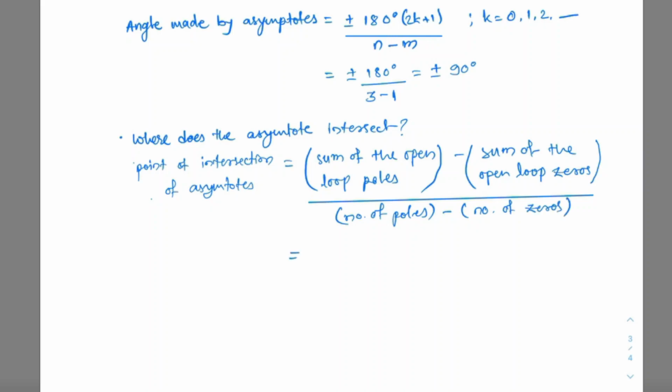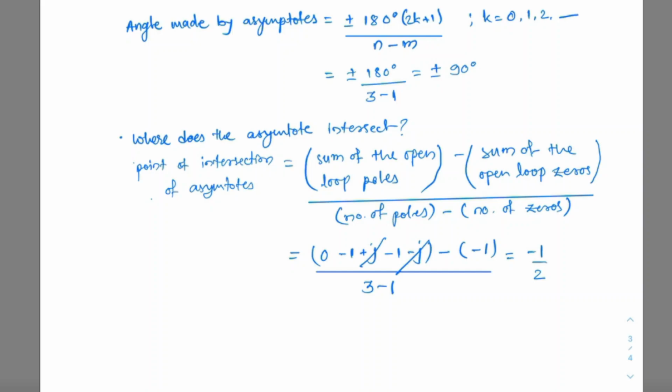So the poles were 0, minus 1 plus j and minus 1 minus j, minus open loop zeros were minus 1, and here we had 3 poles and 1 zero. So here this would get cancelled. We have minus 2 in the first bracket and minus negative of minus 1 in the other side. So this will become minus 1 over 2.